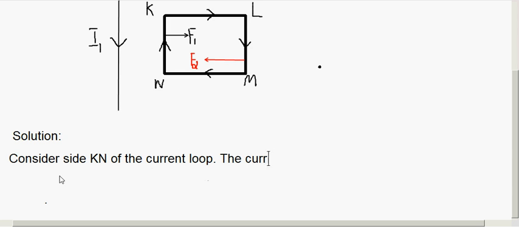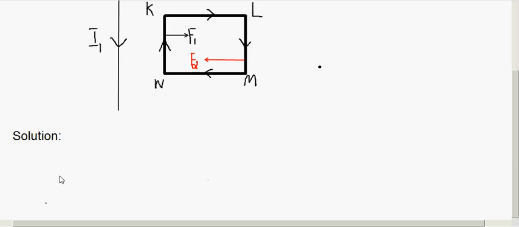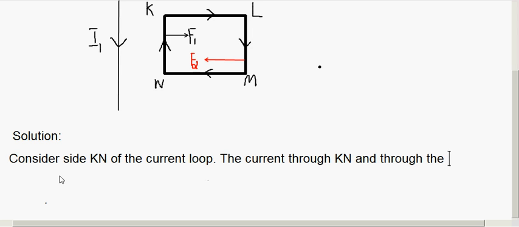The current through KN and through the straight wire are in the opposite direction.